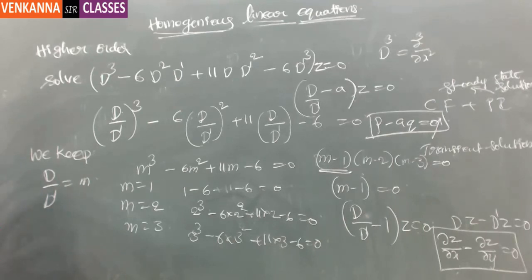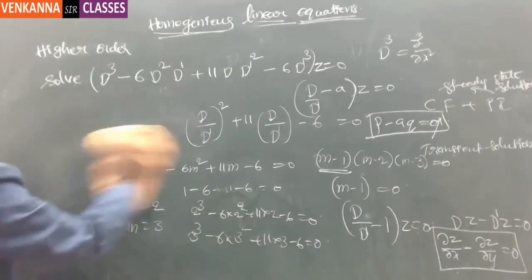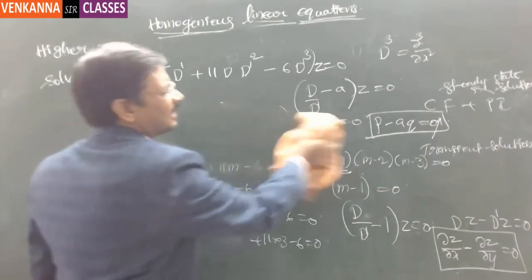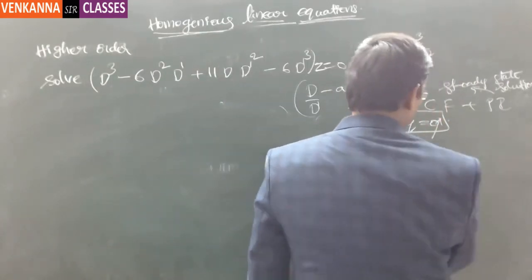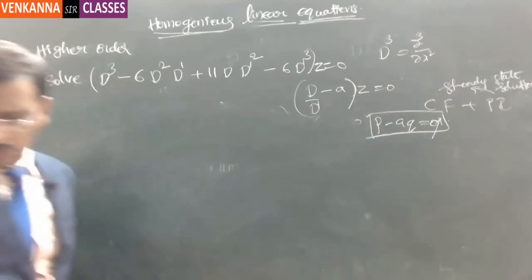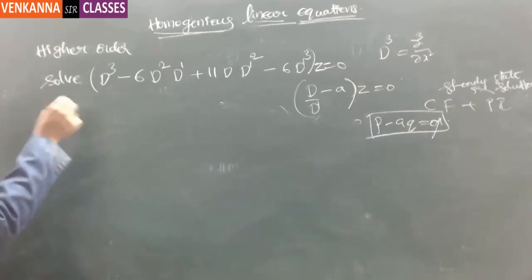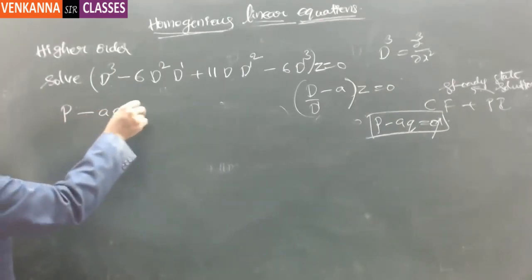Note it down. Then I solve a generic differential equation where a is a factor, so the solution for p minus a cube equal to 0.